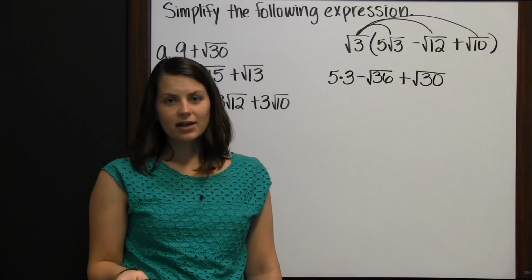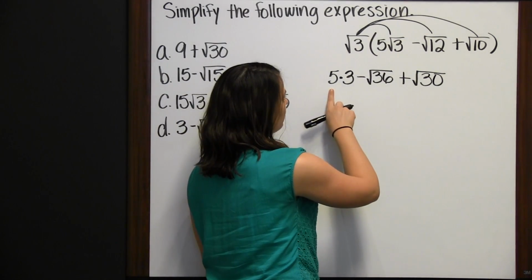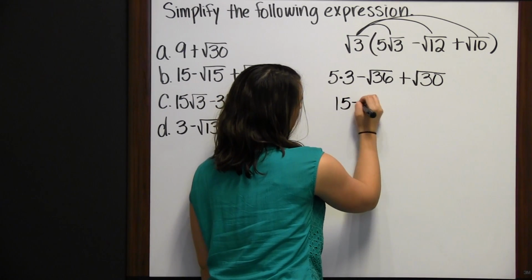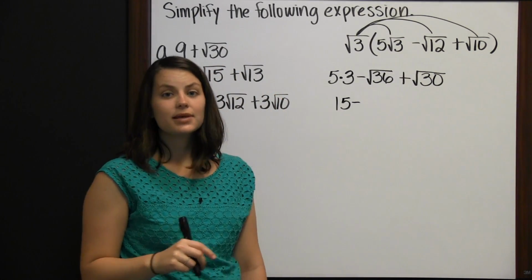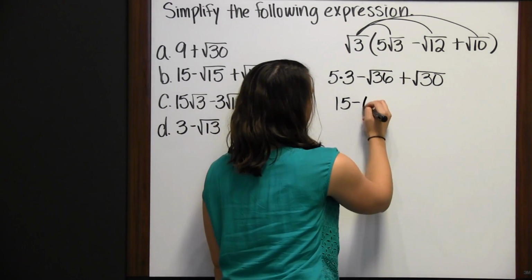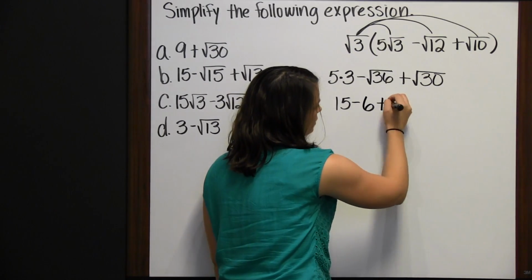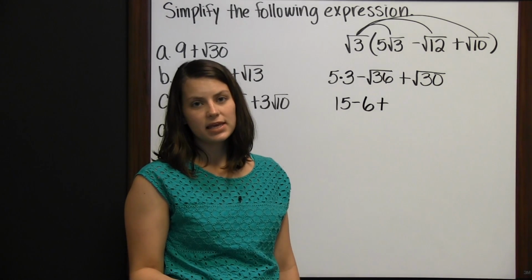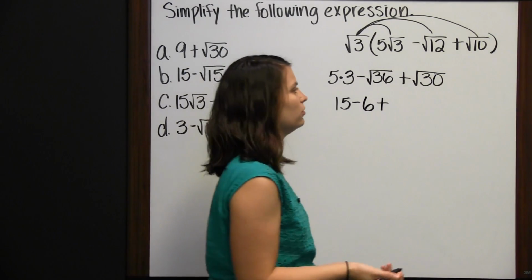But we're not finished yet because we have some simplifying that we can do. 5 times 3 is 15 minus the square root of 36 is 6 because 6 times 6 is 36 plus, now 30. You want to break down that number and see if there is any part of it that we can take the square root of.